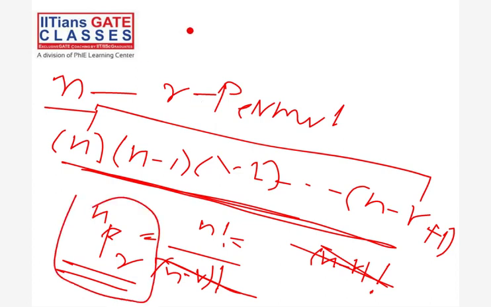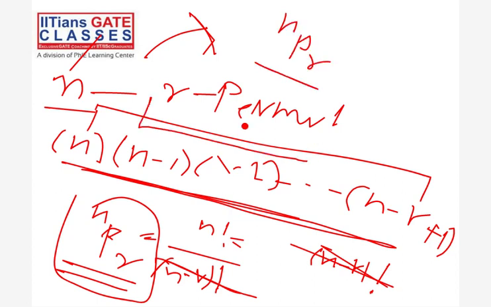We can also write it like this: if we have n distinct elements, then the number of r permutations will be npr. And as I already mentioned, r permutation means even though we have n distinct elements, I only want to arrange r elements. So that's why this formula will come.